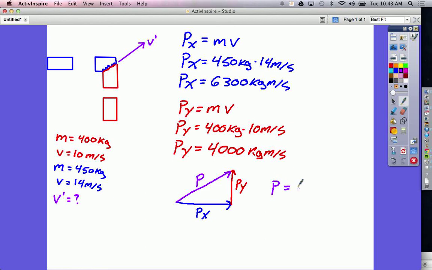So the actual momentum is going to be the square root of my x momentum squared plus my y momentum squared.